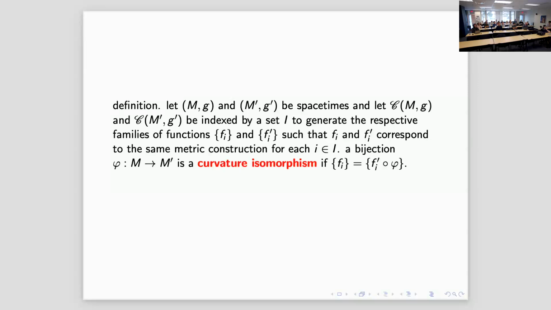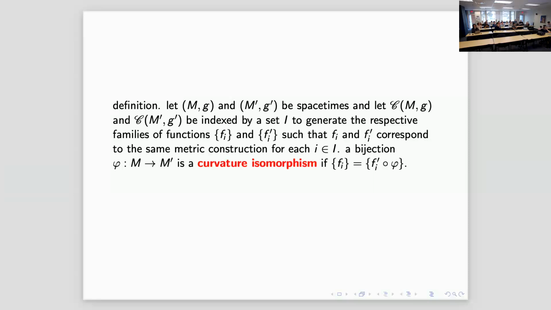So if little i corresponds to the Ricci scalar, well, then this is the Ricci scalar in the one spacetime, and this is the Ricci scalar in the other spacetime. And now I want to say that a bijection from M to M' is a curvature isomorphism if f_i', when you pull it back to M, just is f_i. And that's true for all i.